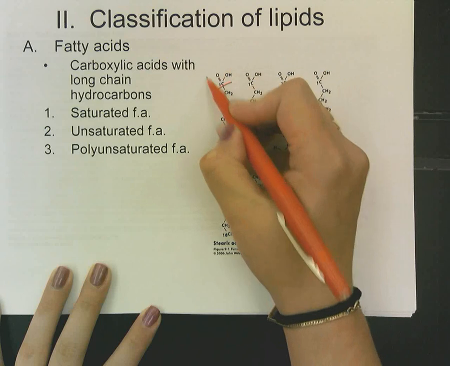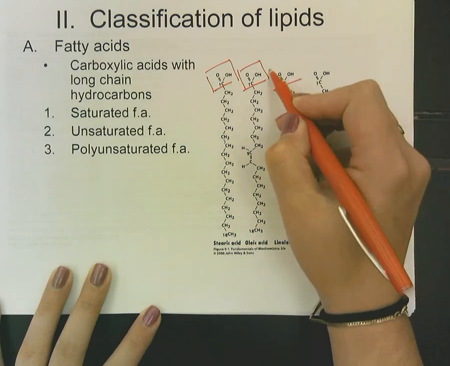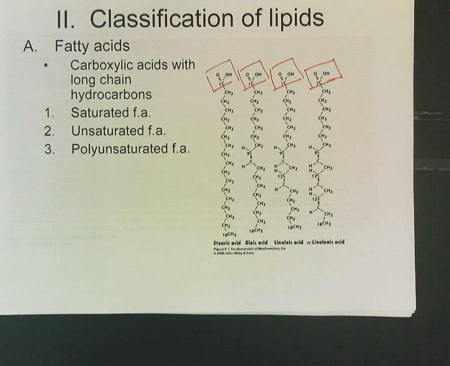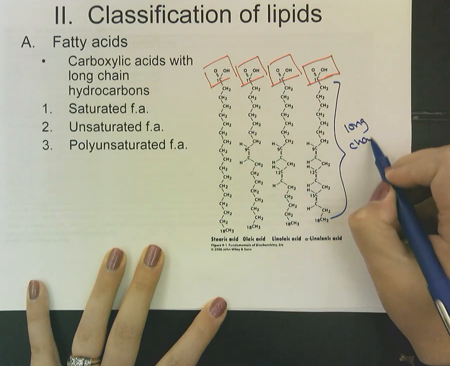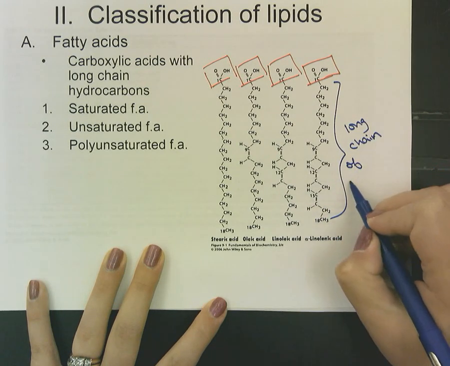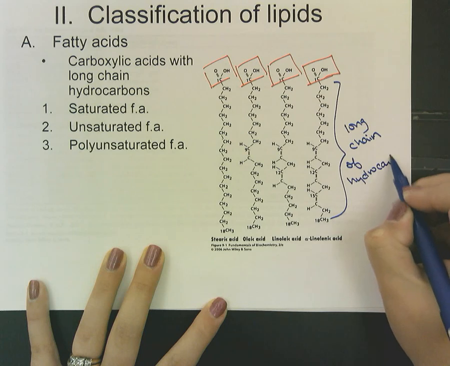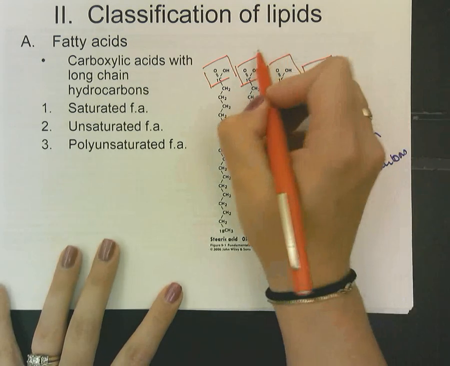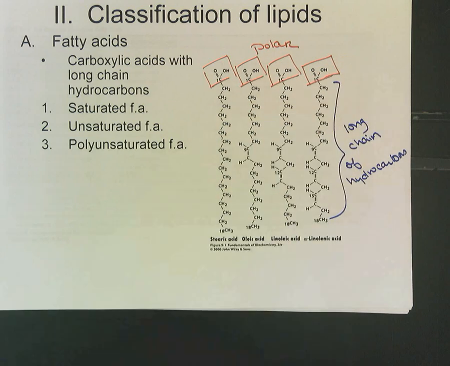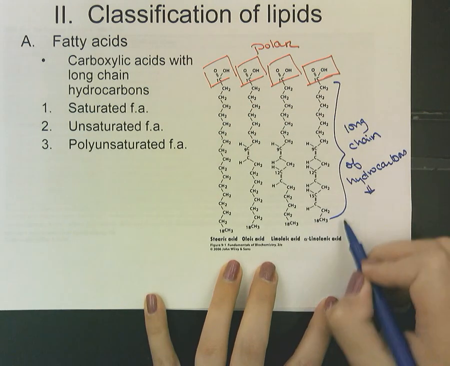They all have a carboxylic acid head, and they all have a long chain of hydrocarbons. What end is the polar end? The red head or the blue tail? Yep, that's your polar end. These long chains of hydrocarbons are going to be nonpolar.